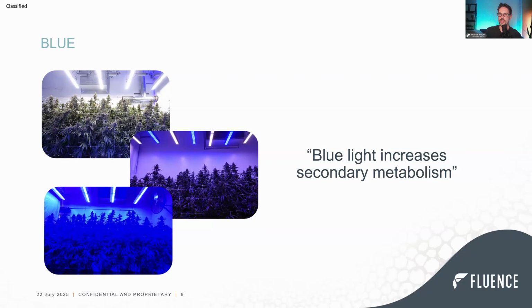But again, I'll show you a couple quick pictures here. What you're seeing on screen right now are pictures from a study we did where we were trying different doses of blue. I believe at end of cycle, we were trying to see if basically finishing with blue would do anything good for cannabinoids or terpenes. We also tried a similar study where we did this kind of dose at the end of every day throughout flower.